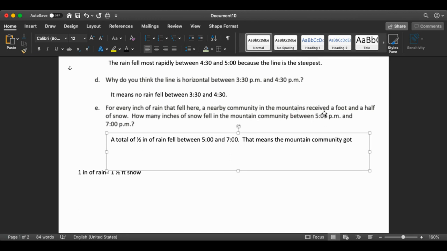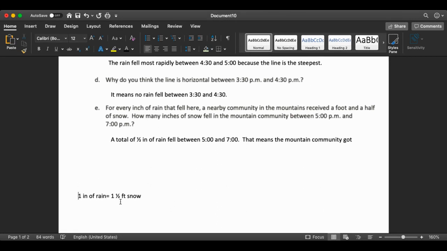In the problem, they told us for every inch of rain, the mountain community gets 1.5 feet. We are saying it's 1/2 inch of rain, so the mountain community will get 1/2 of 1.5 feet, right? I'm going to repeat that. 1 inch of rain on our graph is 1.5 feet of snow for the mountain community.